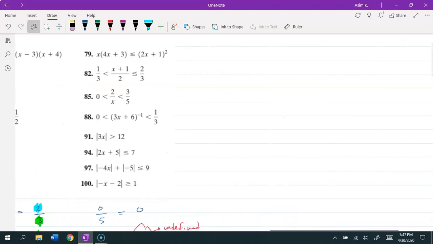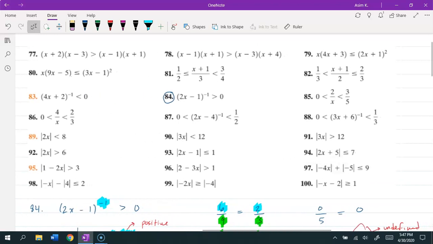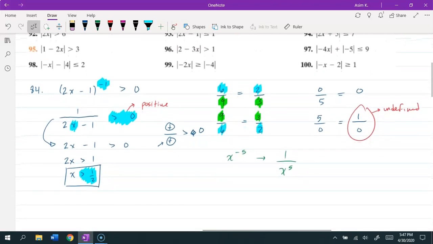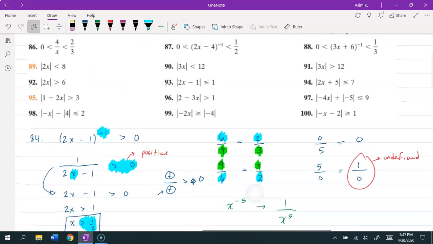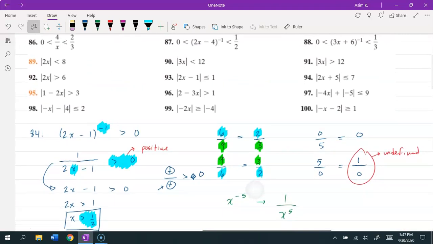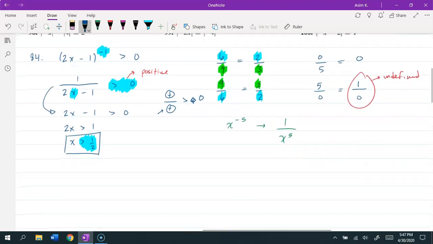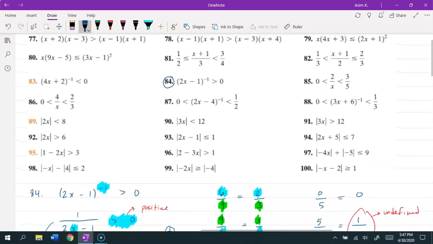Speaking of problems that have kind of caught students off guard, number 86 is also yet another such question. Number 86 says 0 is less than 4 over x is less than 2/3.